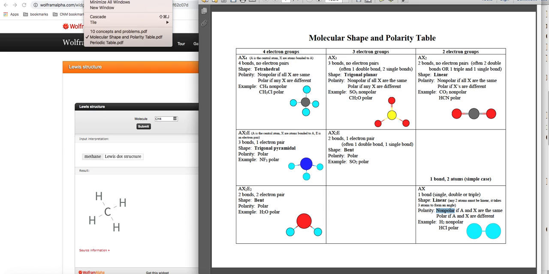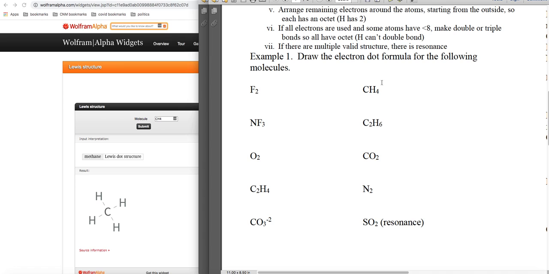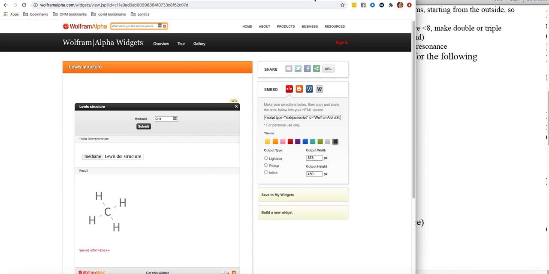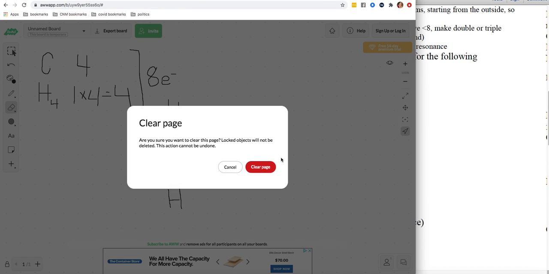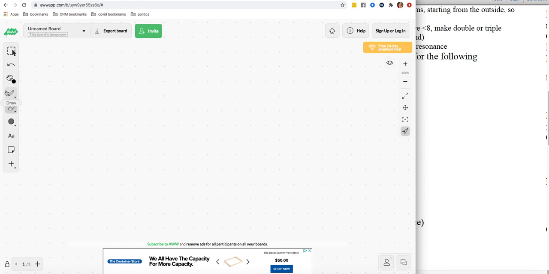Okay, so then on to the next one, which is NF3. So again, we're going to clear the page, draw in NF3.